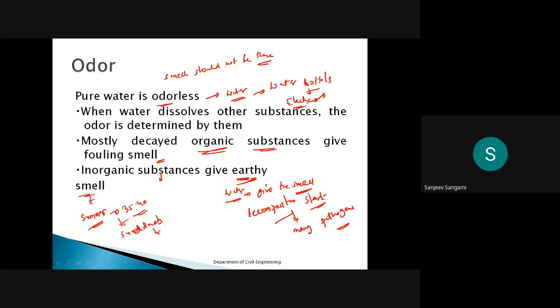So how exactly can this be measured? It can be measured with the threshold number. The threshold equipment is there, and with the help of that, the smell can be measured.